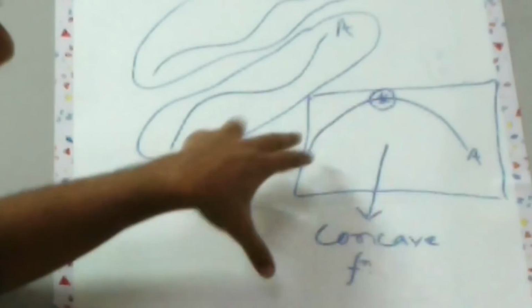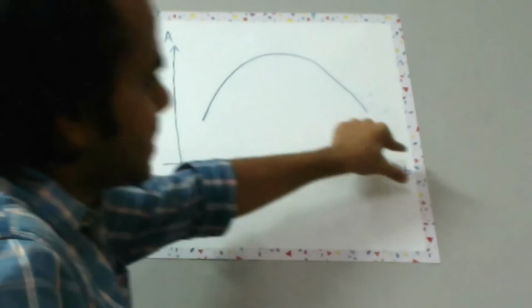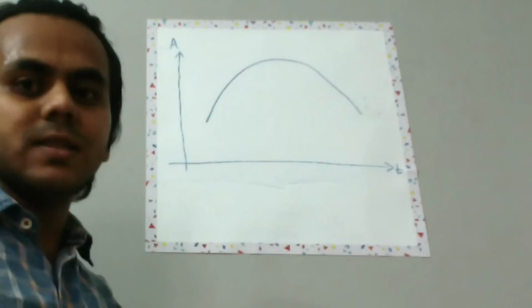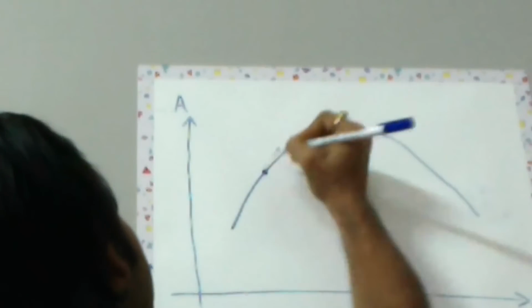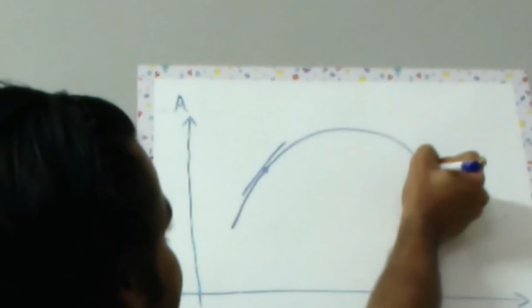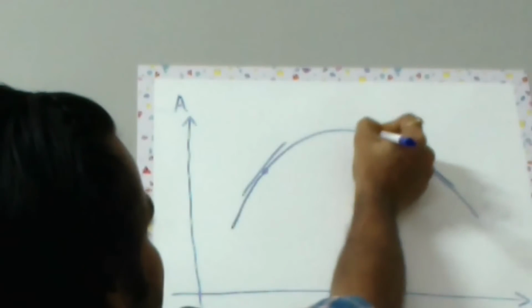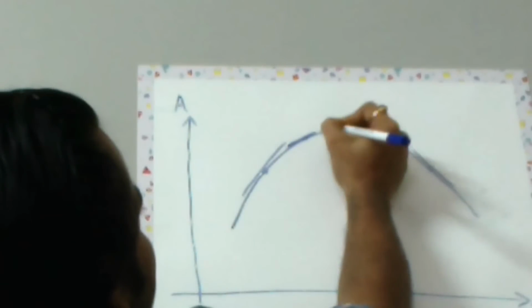So let's understand what is the meaning of concave kind of a growth. This is your total active cases. This is your time. Now, how do I interpret this kind of a shape? At any point, I can draw a tangent, which is the slope. I can draw a tangent here, I can draw a tangent here. Similarly, I can draw a tangent here and here.